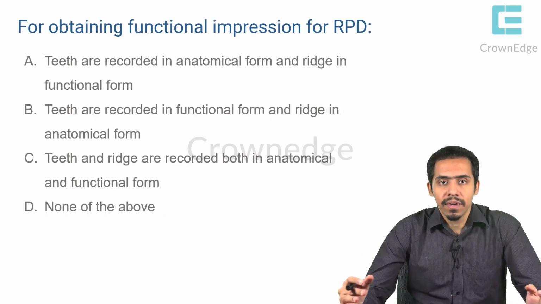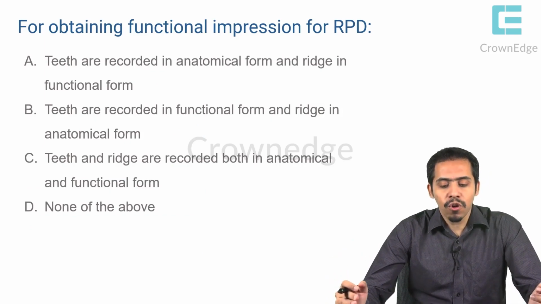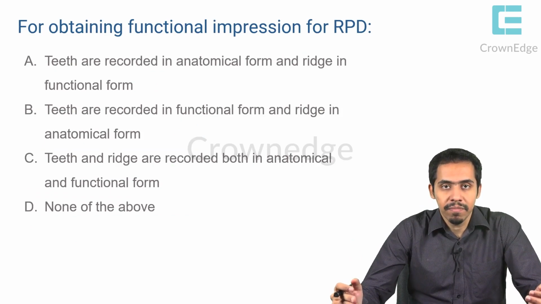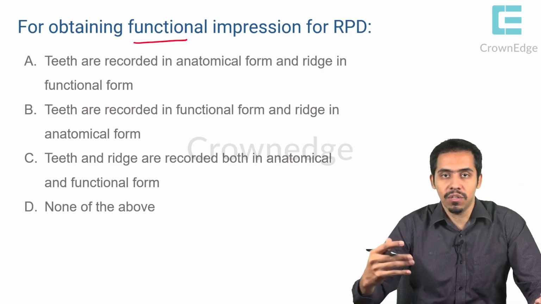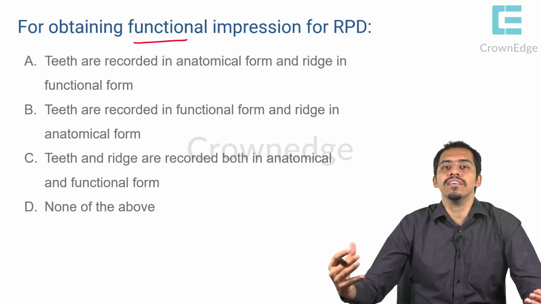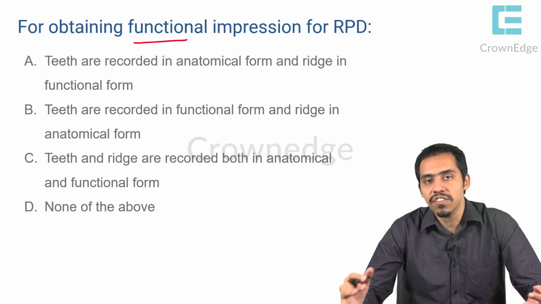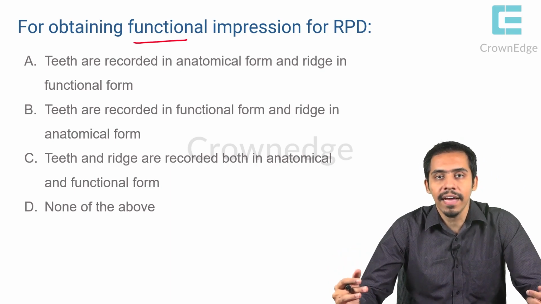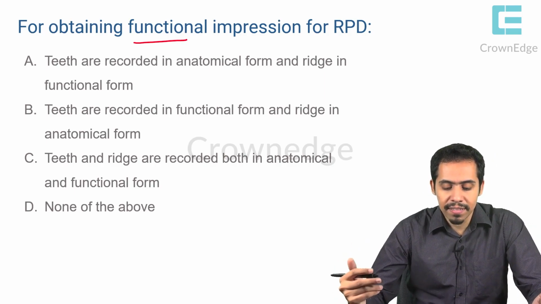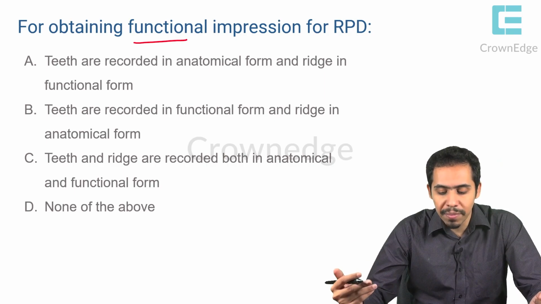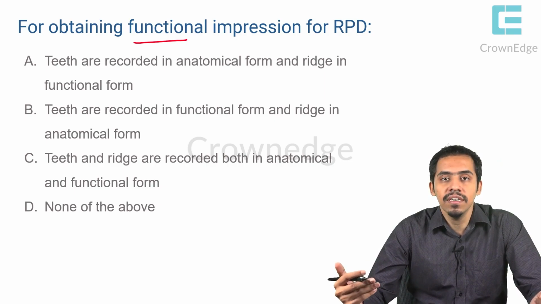So coming to another MCQ. For obtaining a functional impression for an RPD, basically what it's asking is functional impression. The word is clear, which means certain areas have to be under stress while certain areas will be under rest. So let's look at the options. The first is teeth are recorded in the anatomical form and ridge in the functional form.